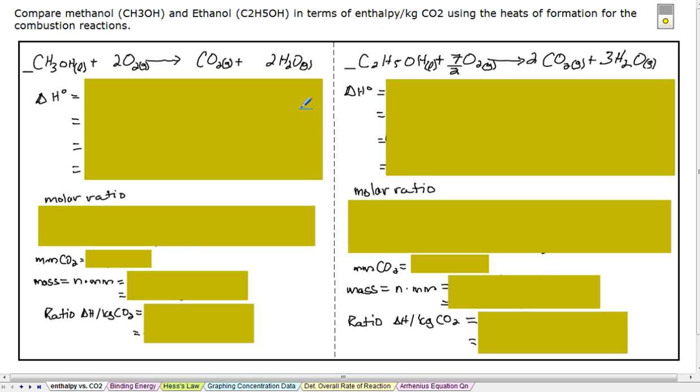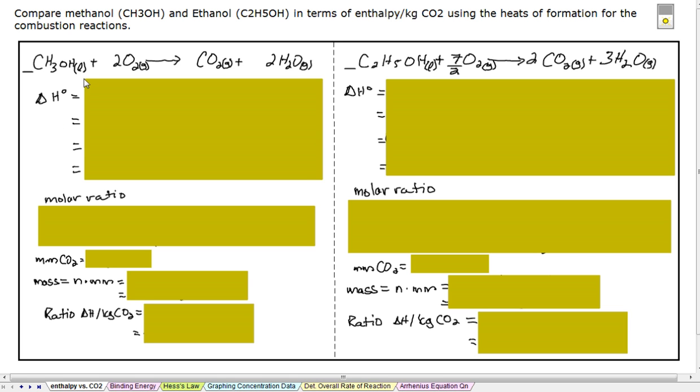We want to make sure that there's always a 1, or we leave it blank, and never have a 2 in front of there. Otherwise we're going to have to divide by 2 at a key stage along the way, and that will be forgotten. Whenever we find the heat of reaction using the heats of formation, it's best if our fuel is always 1 mole, because in the end the heat of reaction is kilojoules per mole.